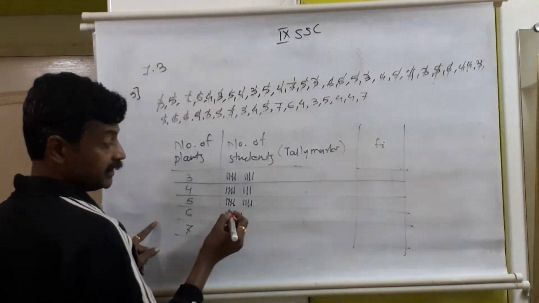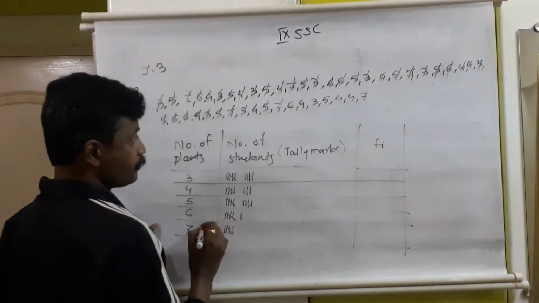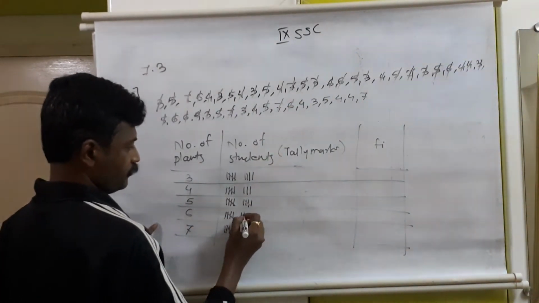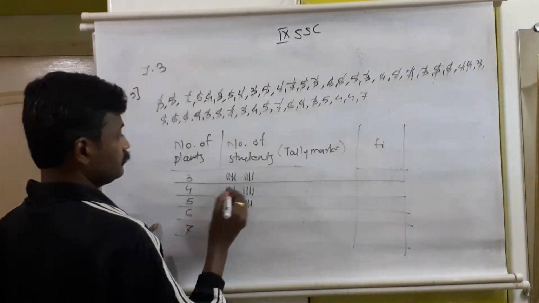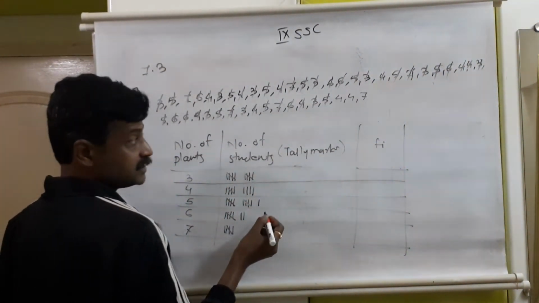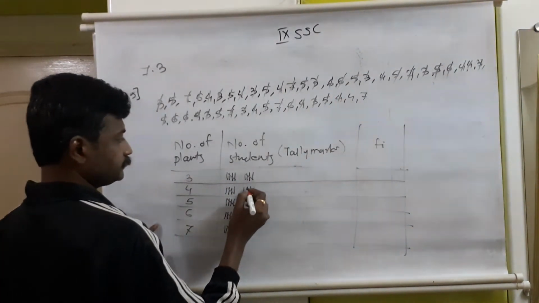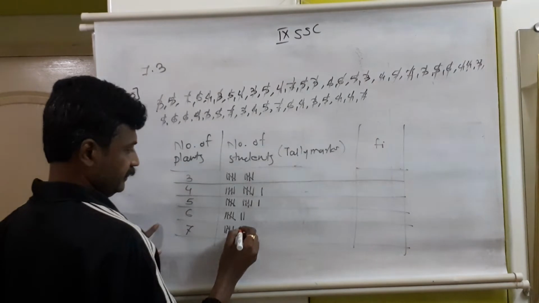So see, we are completing the second group of 5, the second bunch. 7, 6, 4, 3, one bunch getting complete, 5, the third bunch is started, 4, again 4, and then 7.